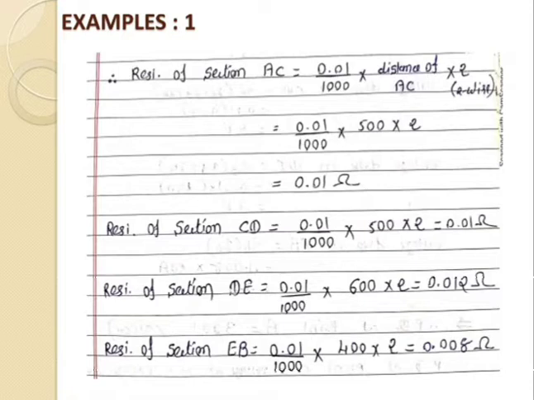So we get the resistance of section DE equal to 0.012 ohm. Then the resistance of section EB, having a distance of 400 meter, gives the answer 0.008 ohm. So this is the resistance for the individual sections.